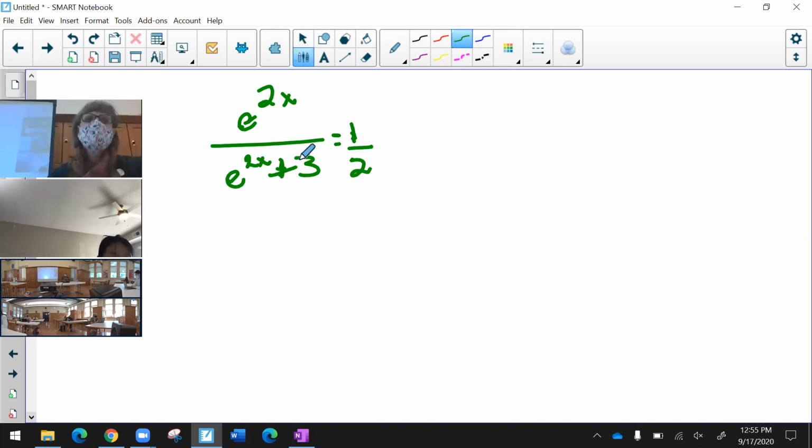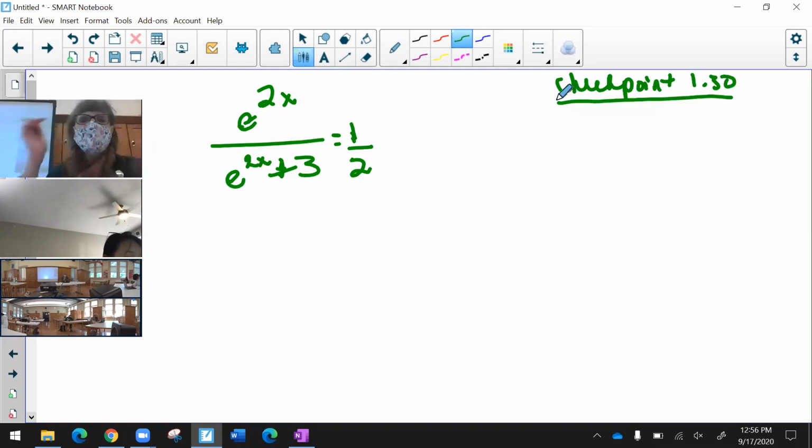Okay, so Kim, how'd you try to do it? I don't know exactly. Okay. Can't e to the 2x become the natural log of 2x? Well, it can, but natural log is one of those things that you have to do to both sides of the equation.